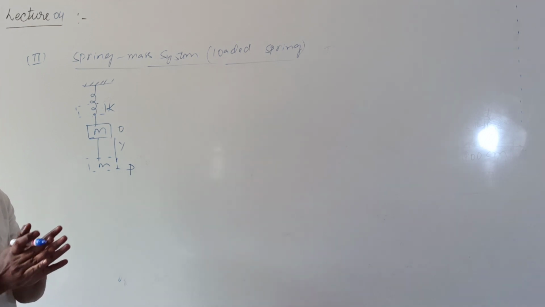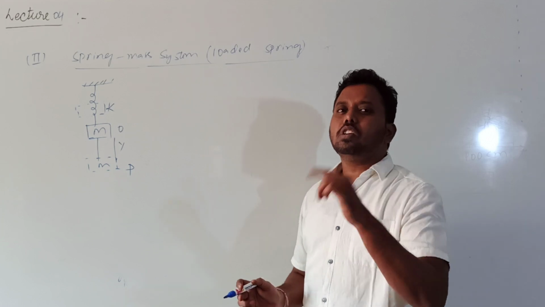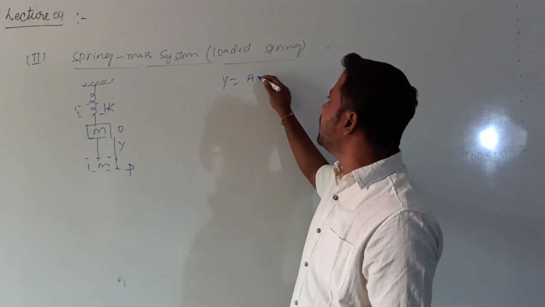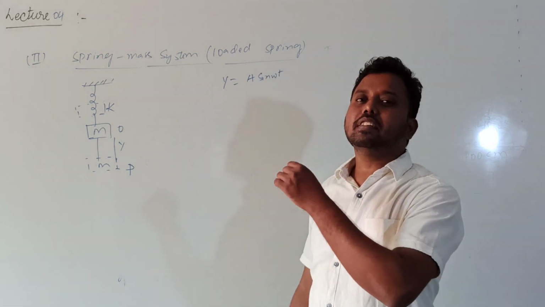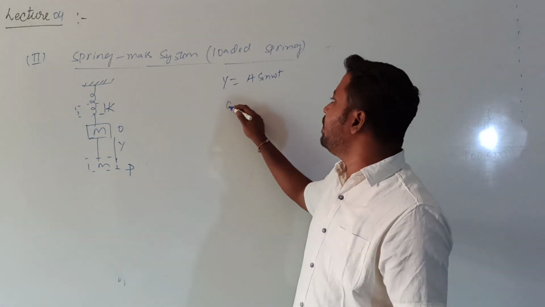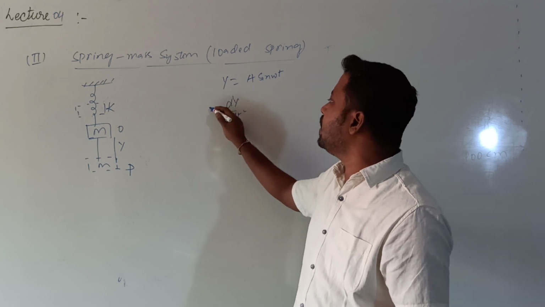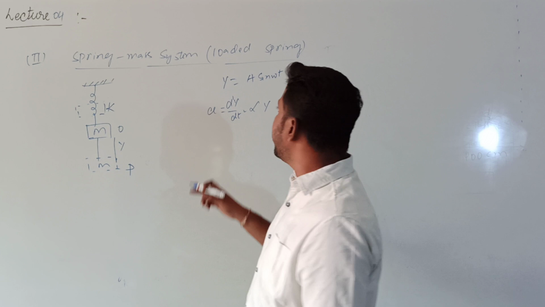To prove motion is simple harmonic, always remember acceleration value is directly proportional to displacement. For example, they give one function y is equal to a sin omega t. Whether this function is representing SHM or not, how do we come to know? If I differentiate this, d square y by dt square is nothing but a, and if it is directly proportional to y, you check it here.